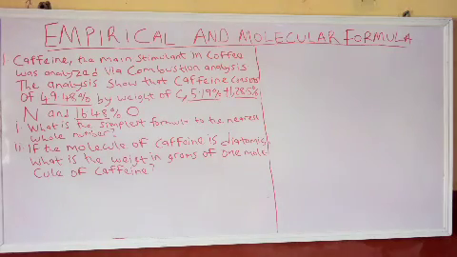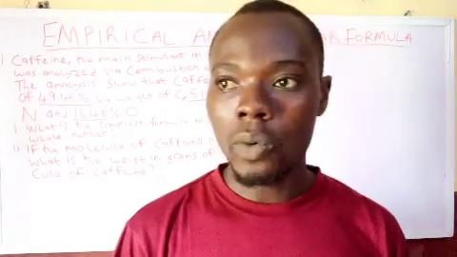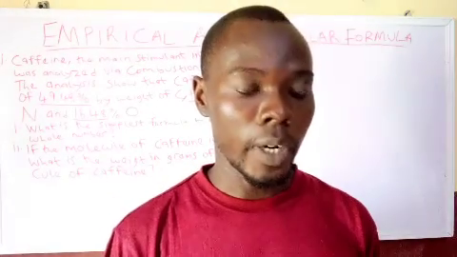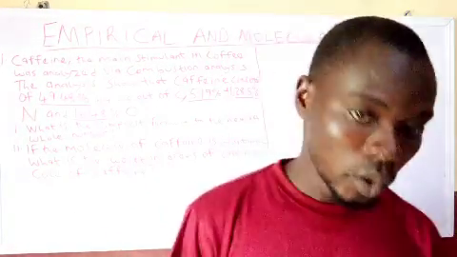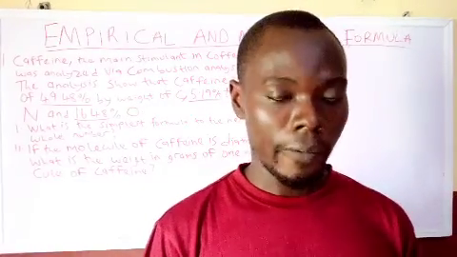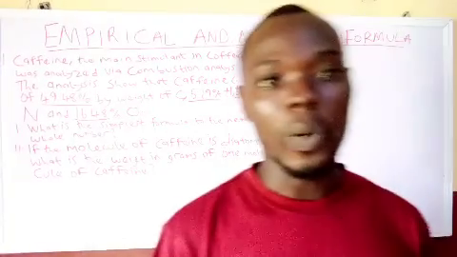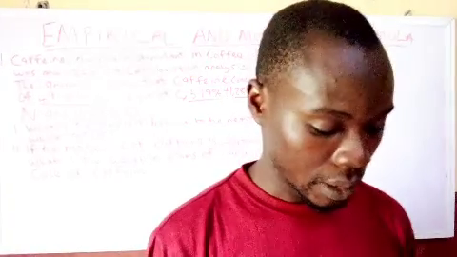Welcome back. So we shall be examining empirical and molecular formula. When you're talking of empirical formula, it is the simplest formula of a compound which gives the whole number ratio of the component elements.